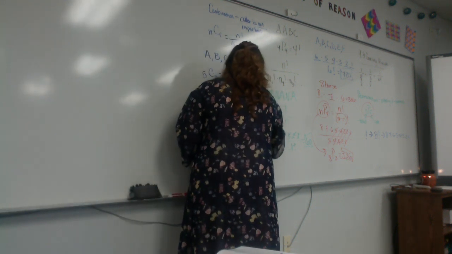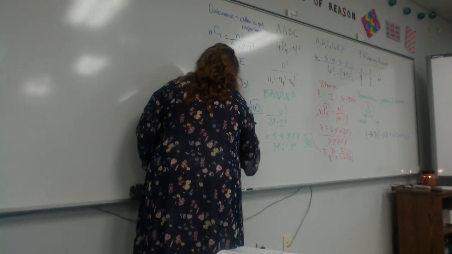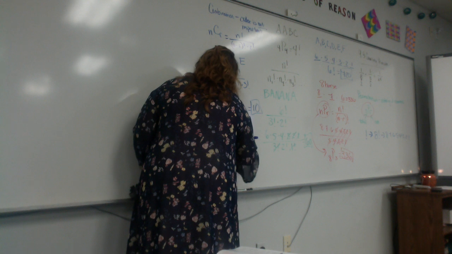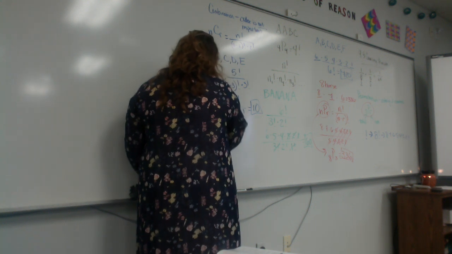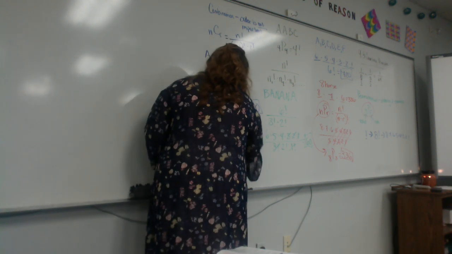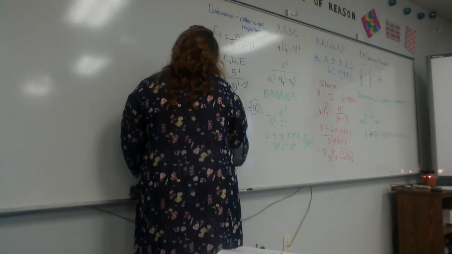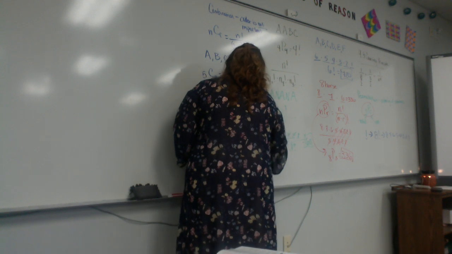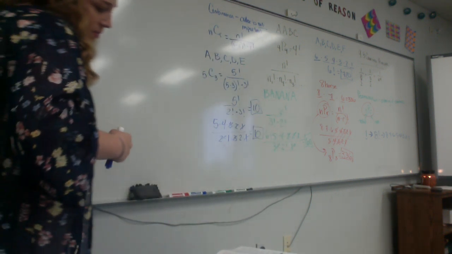I get 10 because this is 5 times 4 times 3 times 2 times 1 up top. On bottom it's 2 times 1 times 3 times 2 times 1. The 3 times 2 times 1 cancels, and so then I get 5 times 4, which is 20, and 20 divided by 2 is 10. Same thing.